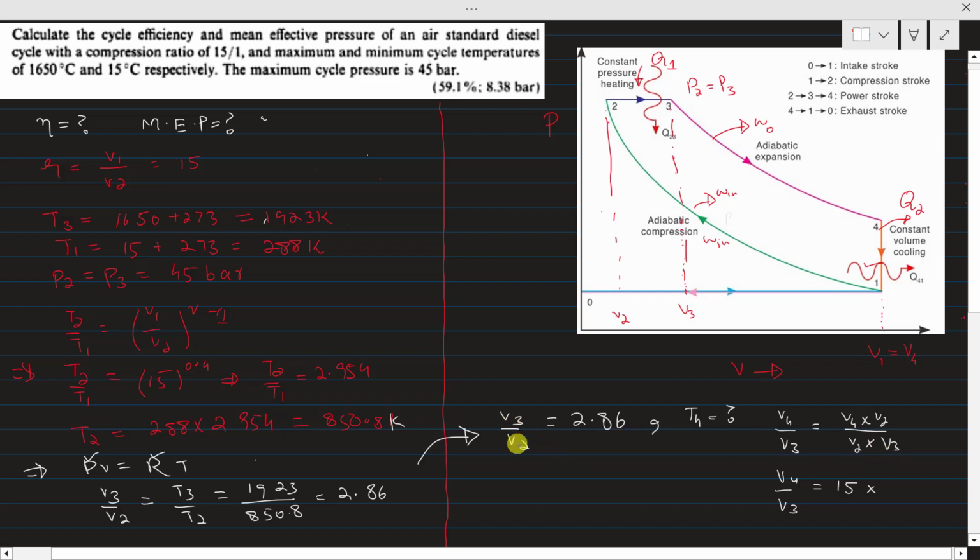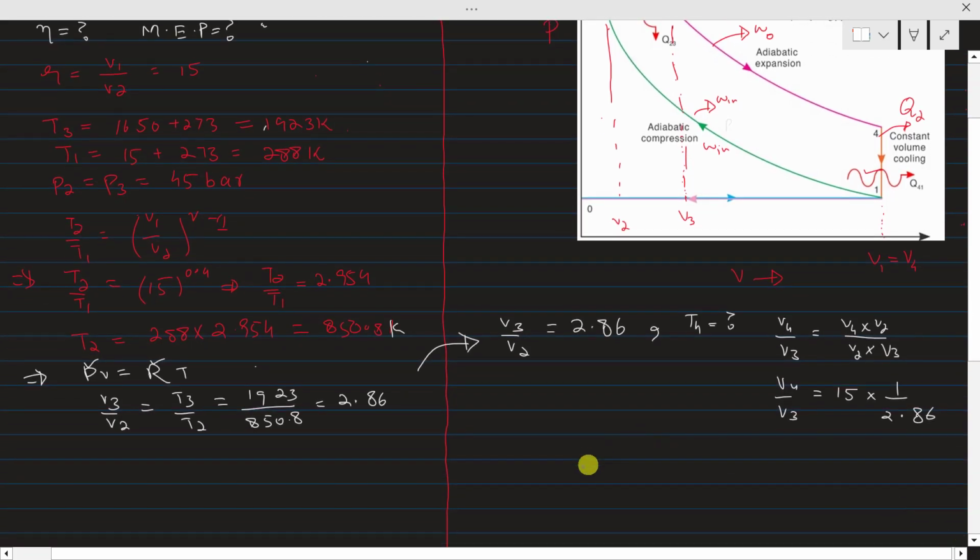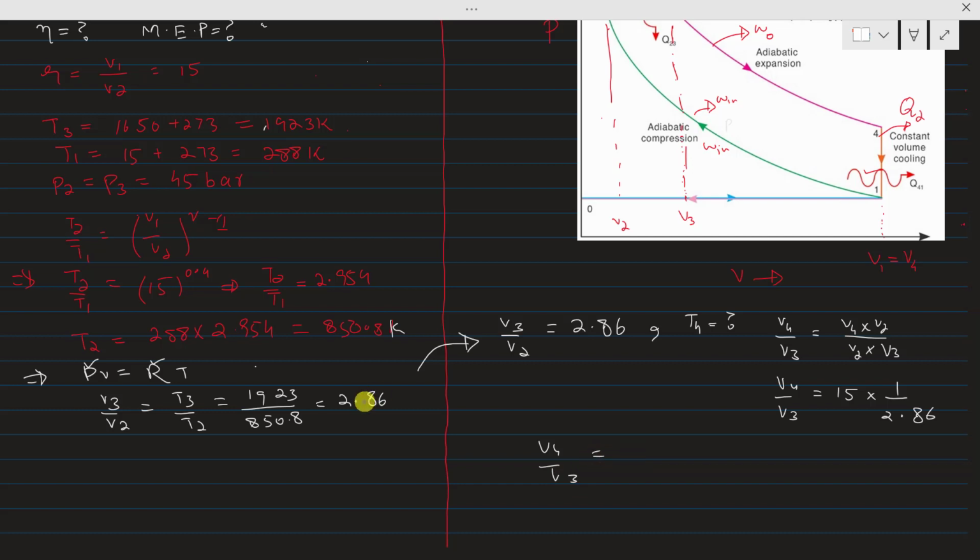This V2 by V3 is the reciprocal of this value, 2.26. So in this way you will find that V4 divided by V3 is equal to 2.26.